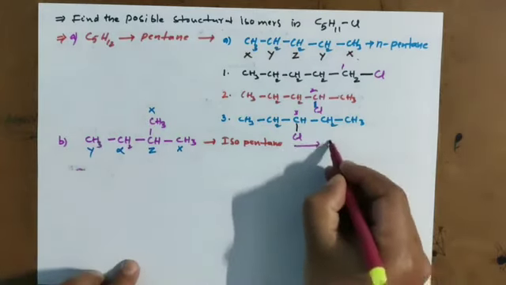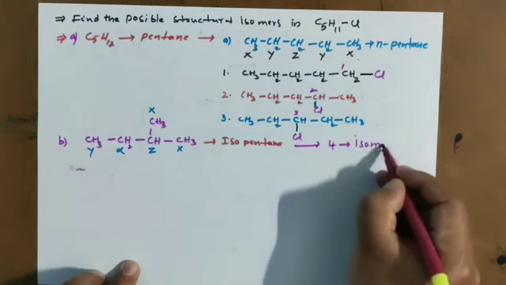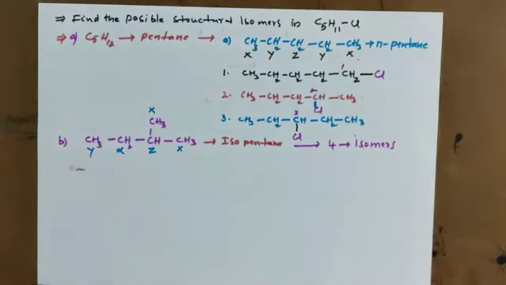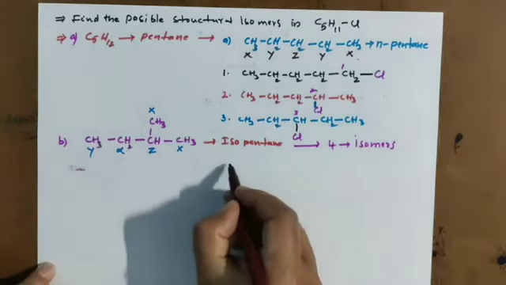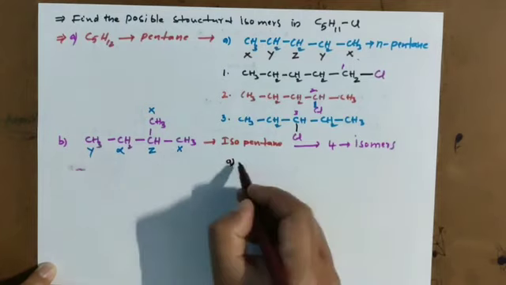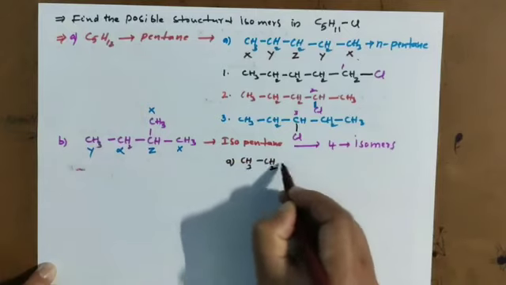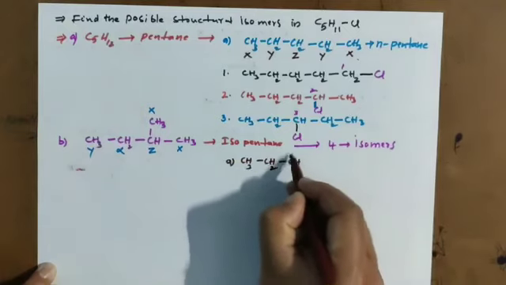That's why it will give 4 isomers. This is the trick. 4 isomers. If you need the 4 isomers, I am drawing them. Here I am giving the 4 isomers to you. First I am removing 1 hydrogen from here. CH3 bond, CH2 bond, CH.